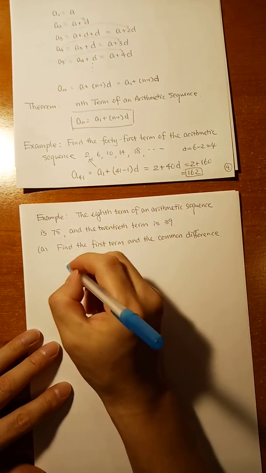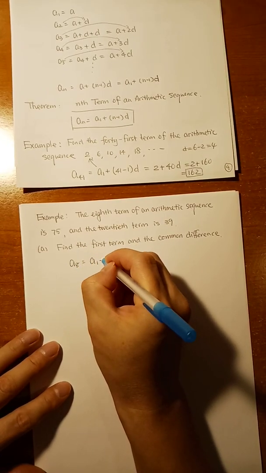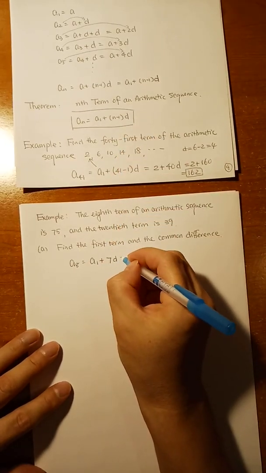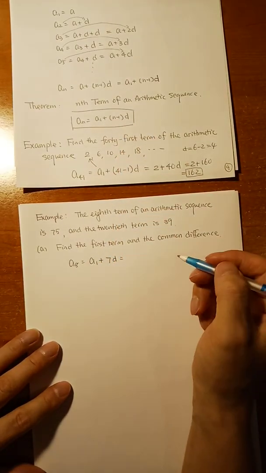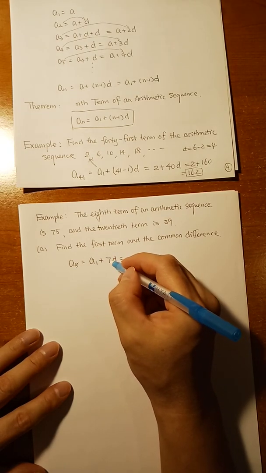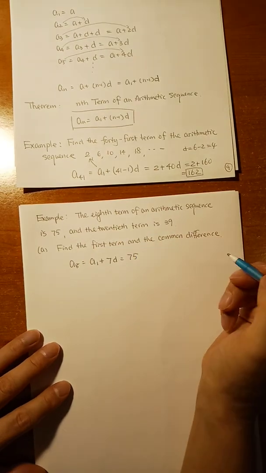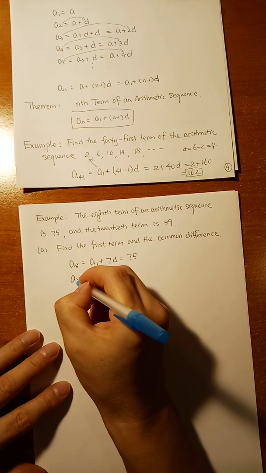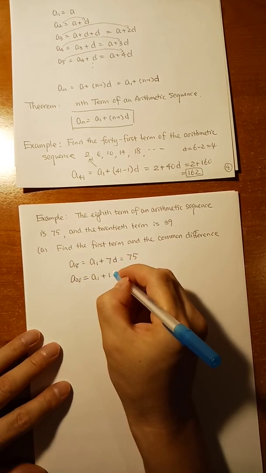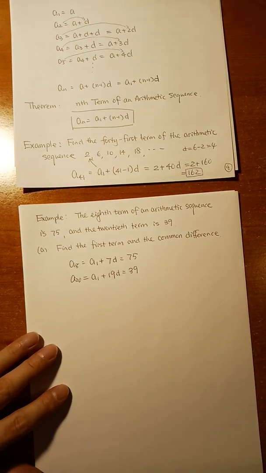A8 is A1 plus (8 minus 1), 7D. Right? By the nth term of an arithmetic sequence, it's the first term plus 8 minus 1, 7 times D. It is equal to 75. The 20th term, A20, is A1, the first term, plus 20 minus 1, 19D, equal to 39.